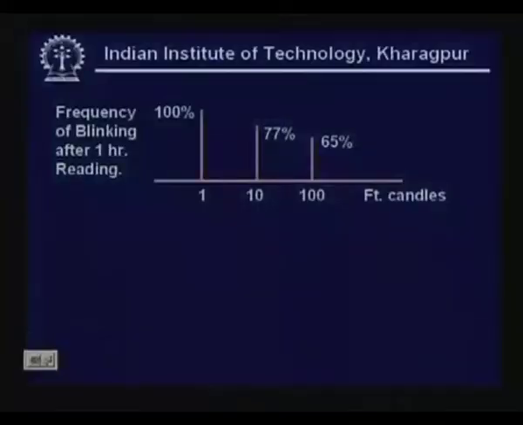And this frequency of blinking after reading for an hour is observed, and if it is standardized at some level as 100% for illumination equal to 1 foot candle, you find that when the illumination increases to 10 foot candles or 100 foot candles, it reduces.